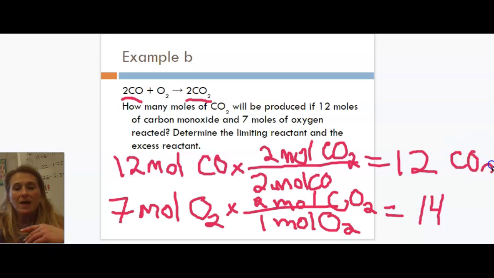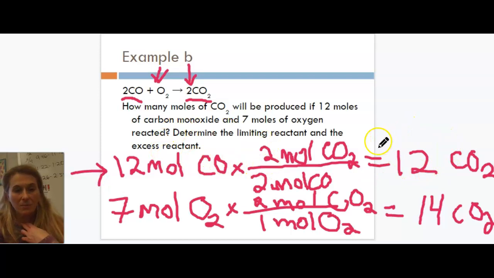But if we have 7 moles of oxygen, 1 mole of oxygen will produce 2 moles of carbon dioxide. With the 7 moles of oxygen, we end up with 14 moles of carbon dioxide. So that means that carbon monoxide is our limiting reactant and is going to determine that the most we can make is 12 moles of carbon dioxide.